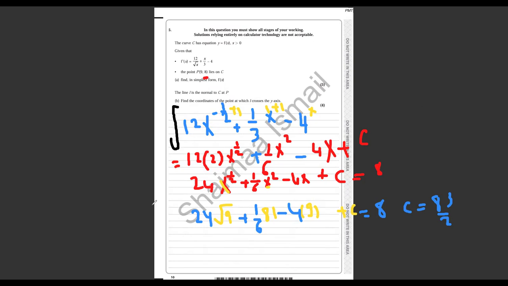So we have to rewrite the equation again. We say f of x equals 24x to the power negative half plus x squared over 6 minus 4x plus 83.